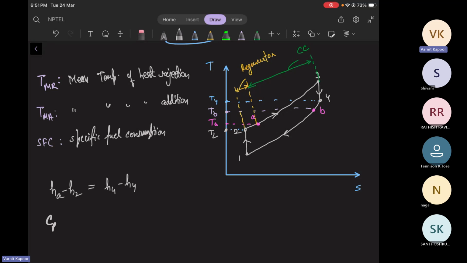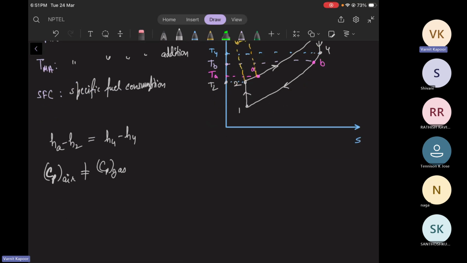So let us say Cp of air is not equal to Cp of gas. So here it will be Cp of air times Ta minus T2, the entry of the compressor.